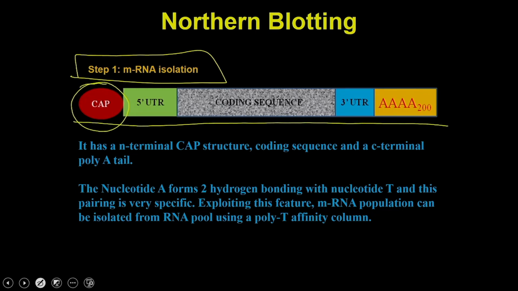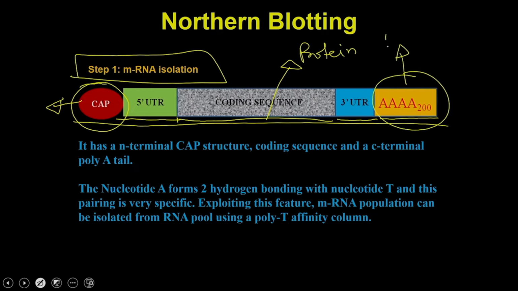This cap is required to bind different types of factors, and then you have the 5 prime UTR region. After the 5 prime UTR region, you have the coding region. This is the region which codes for a particular type of protein, and then after that you have the 3 prime UTR region, and after that you have a poly A tail. This is the most important region as far as the purification of the messenger RNA is concerned.